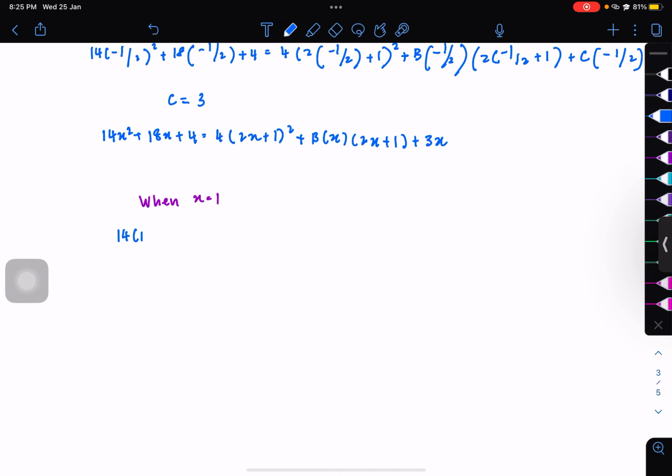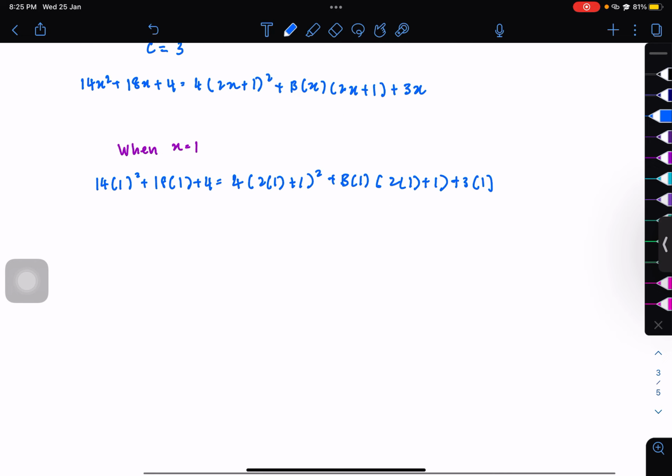So kalau you nak masukkan, silalah tulis, and then you will get the answer. Plus 3, 1. That's it.